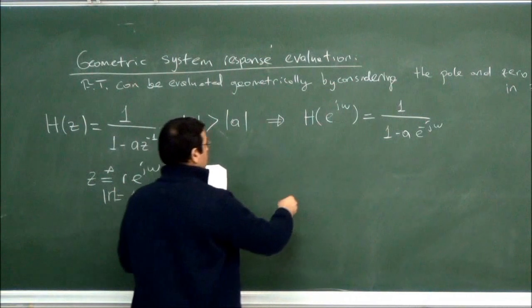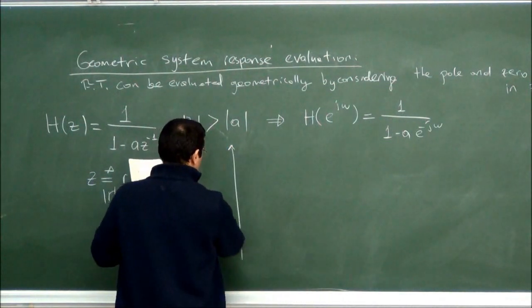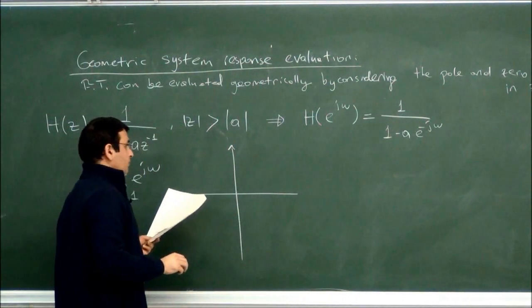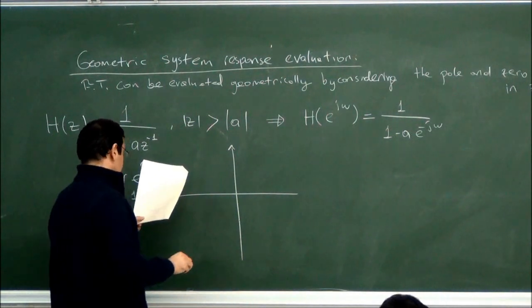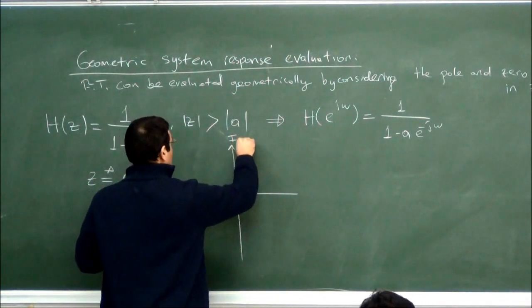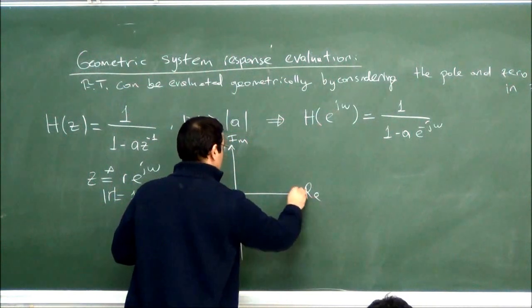So let's plot the z plane. This is the imaginary axis, this is the real part.